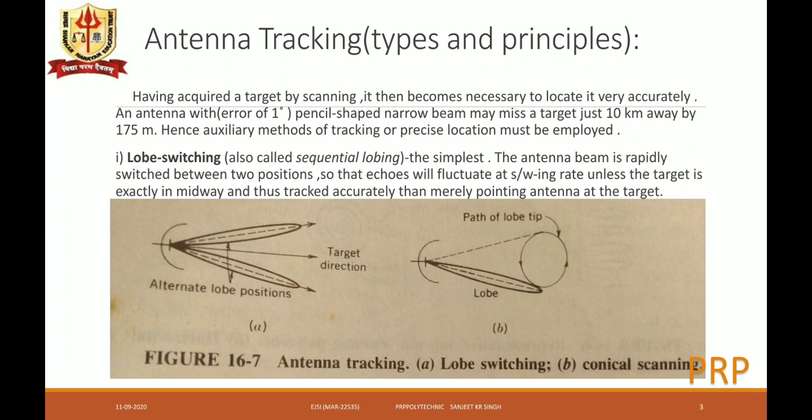For that we have 3 different types. Let's see one by one. The first scheme is the lobe switching method, also called sequential lobing, which is the simplest method of antenna tracking.